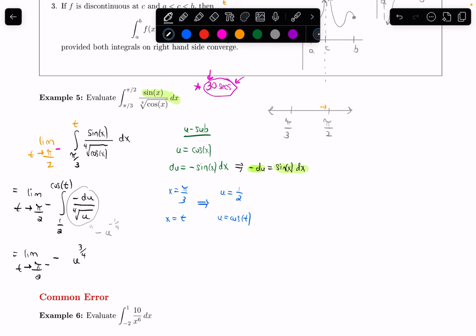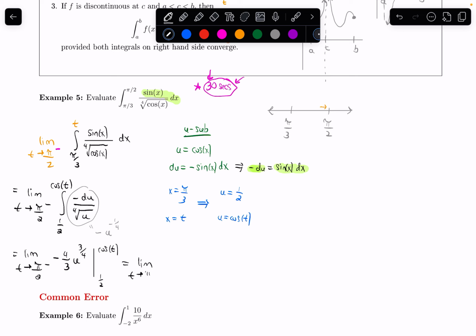If I add 1 to the exponent, I get u to the 3/4. And then I would divide by 3/4, but that's the same thing as multiplying by 4/3. So I've got this. Let's put my vertical line. Now I've got to plug in that 1/2 and that cosine of t.